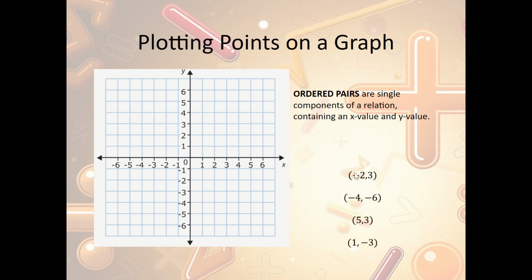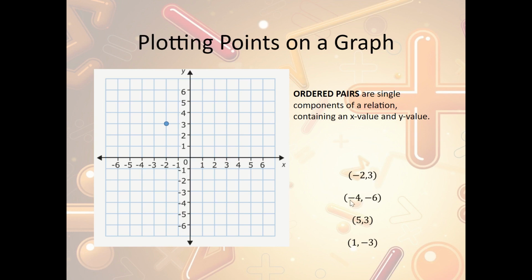The way this works is my x goes first and then my y. If you have trouble remembering that, just remember that they go in alphabetical order: x, then y. So my x is -2, so I'm going to go along the x-axis and find -2, which is here. And my y is 3, so I'm going to go along my y and go up to 3, right there. And I'm going to plot my point. That represents (-2, 3).